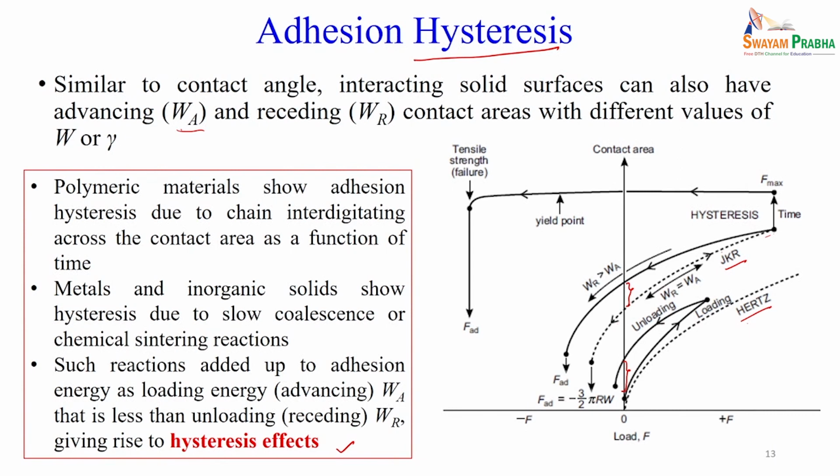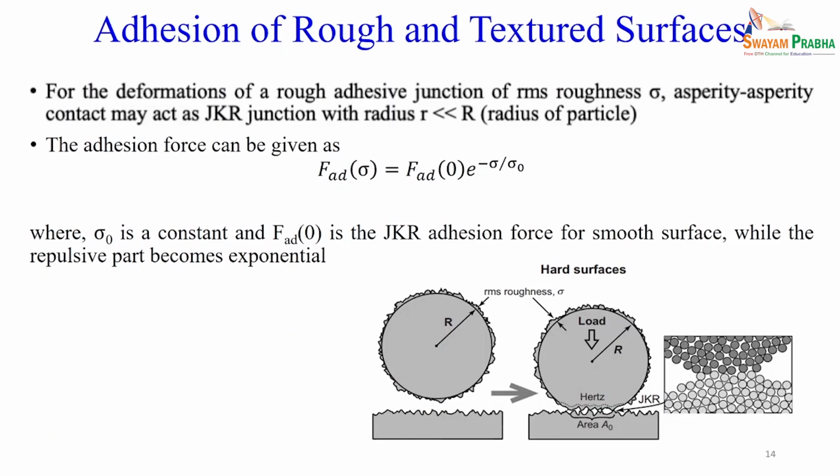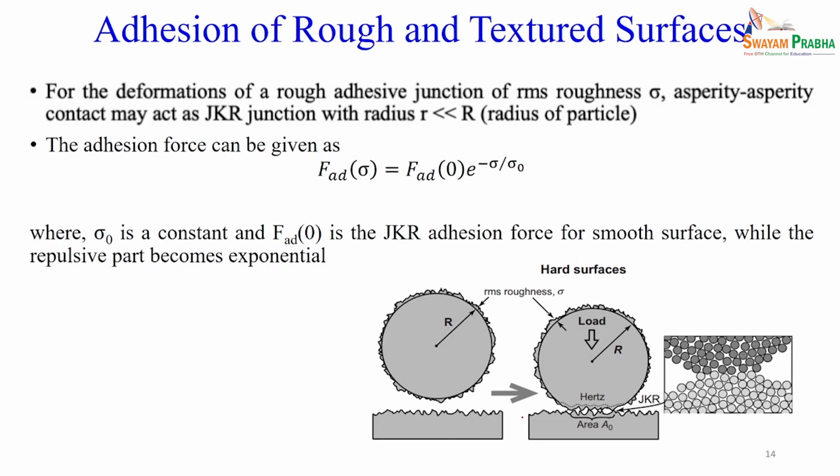Now, we considered the adhesion on a flat surface, but in actuality, whatever surface we take may have nano roughness or micro roughness. So, we are going to have some sort of rough surfaces.